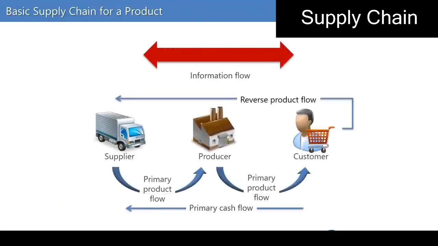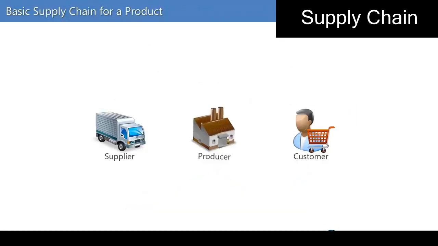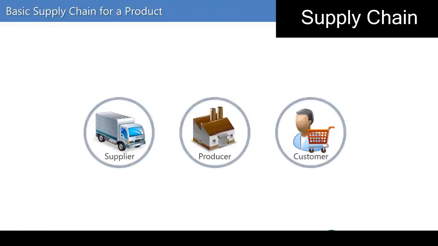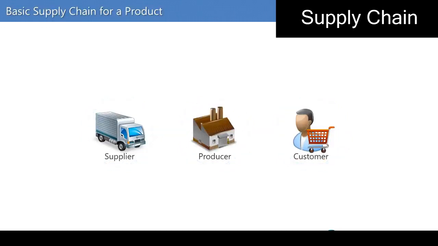Basic supply chain for a product. The below figure illustrates a very basic supply chain with three entities, a producer with one supplier and one customer. Four basic flows that connect the supply chain entities together are as follows.